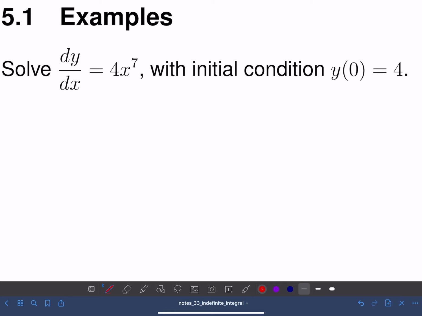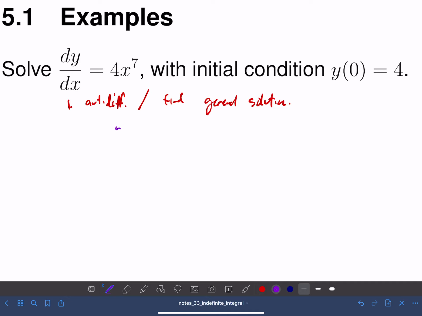So let's solve dy dx equals 4x to the 7, subject to an initial condition that y of 0 equals 4. Let's do that two-step process. One, we're going to antidifferentiate, or find the general solution. No problem.